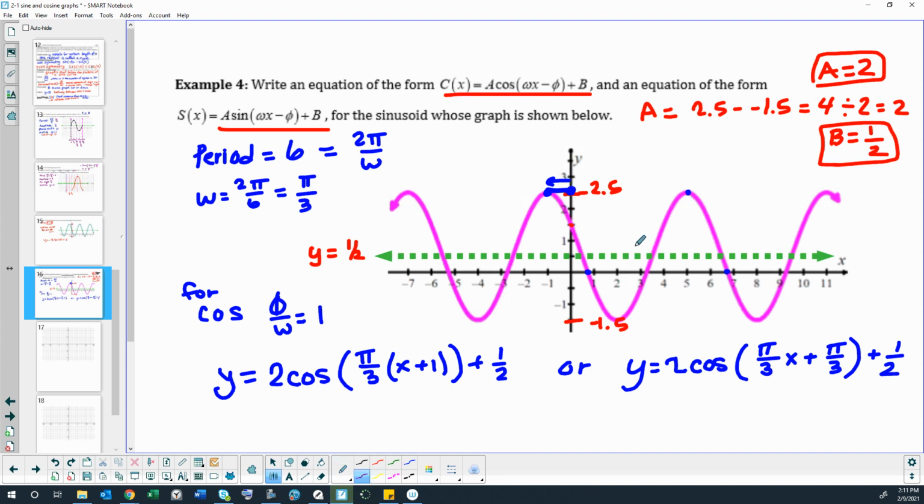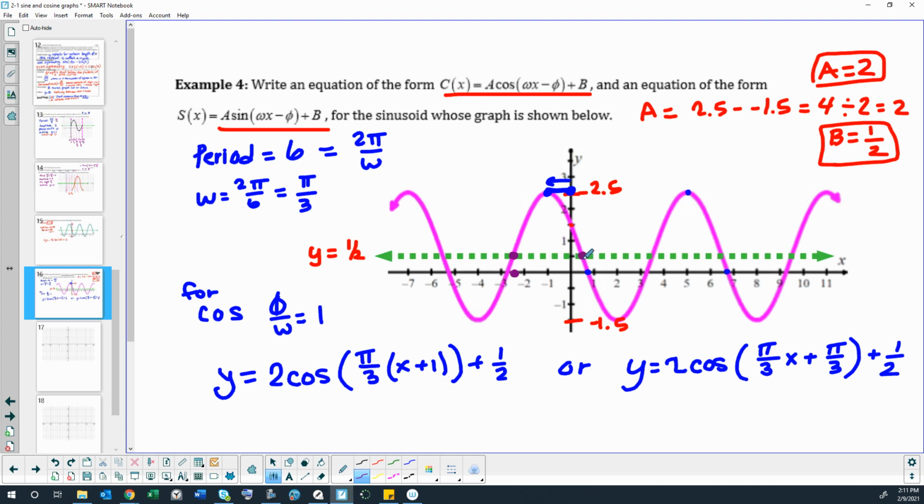For sine, our sine graph normally starts in the middle and then goes up. So here's a point where our sine might have started before it was moved up, if that makes sense. Or it could have been here and then be negative and go down first.